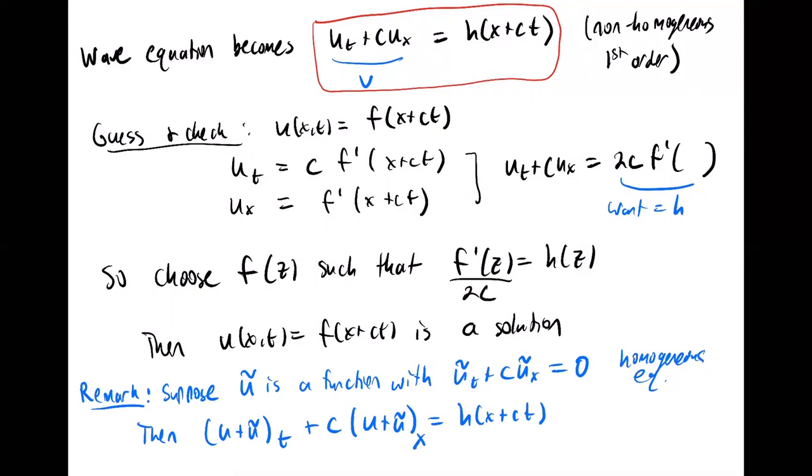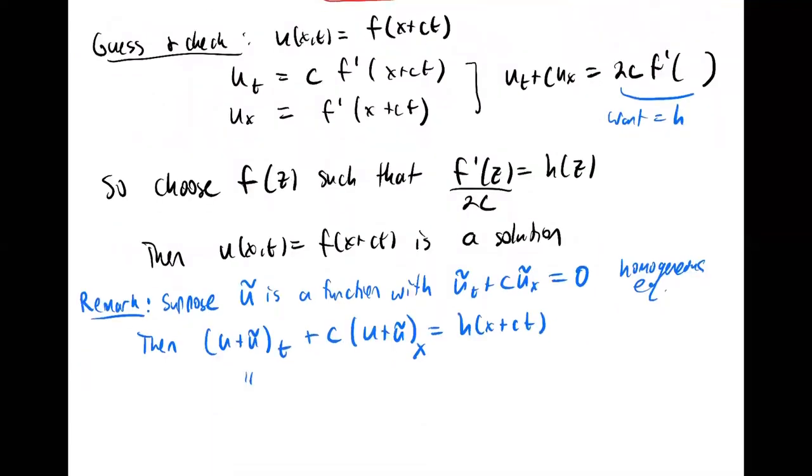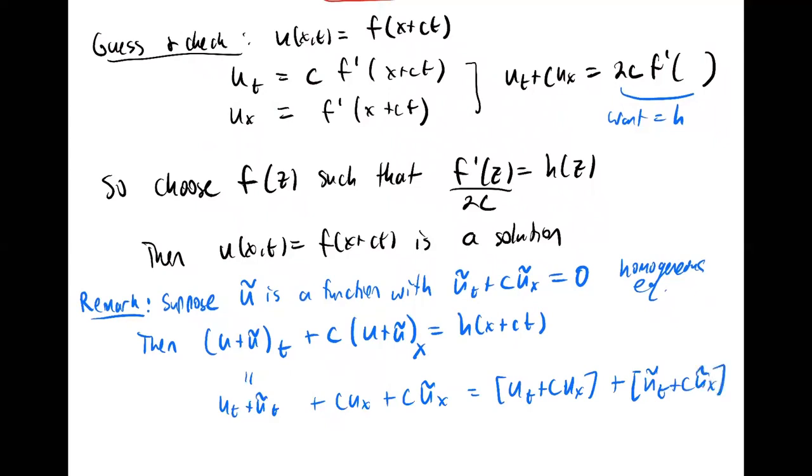And this is just because the equation on the left-hand side is linear, right? Because, so what do I have here? I have ut plus u tilde t. And then for the second term, I have c times ux plus c times u tilde x. And so I can rearrange this now as ut plus c times ux, and then, just collecting the like terms, plus u tilde t plus c u tilde x.